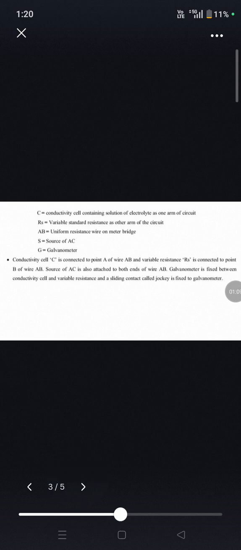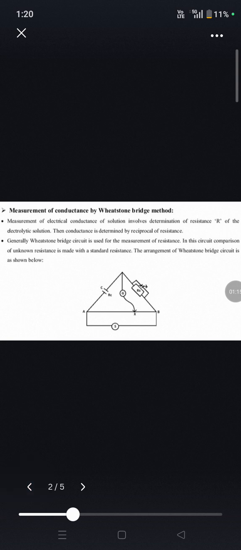Here, C is the conductivity cell containing a solution of electrolyte as one arm of the circuit. Rs is the variable standard resistance as the other arm of the circuit. AB is a uniform resistance wire on a metre bridge. S is the source of AC and G is the galvanometer.